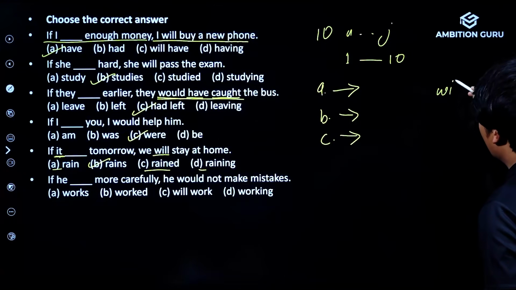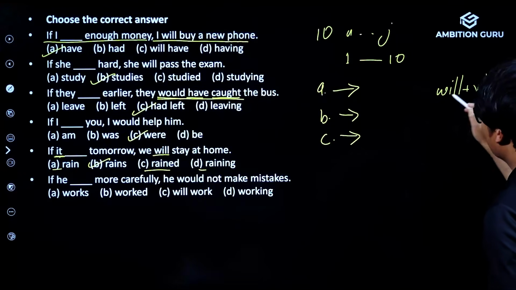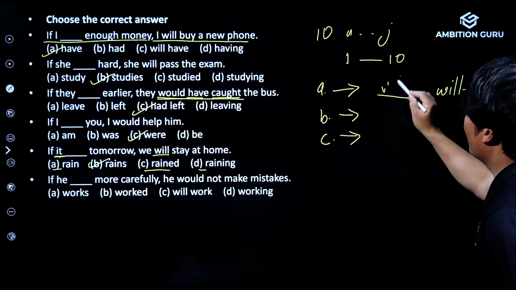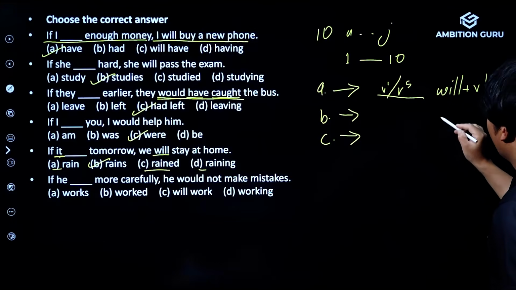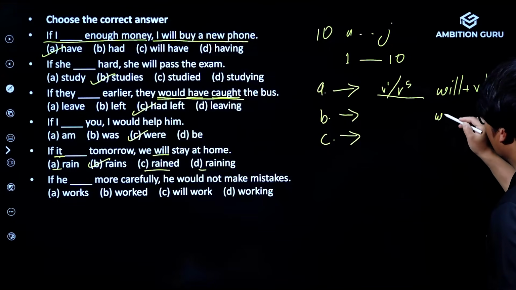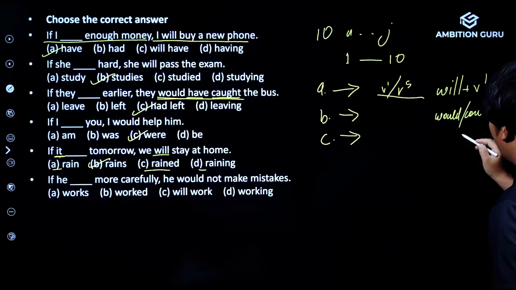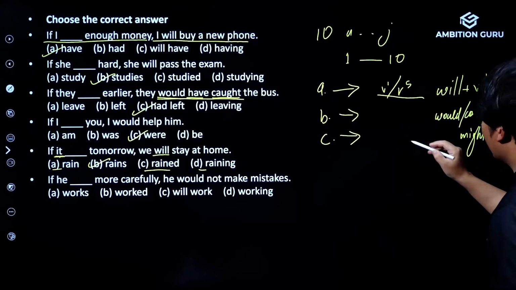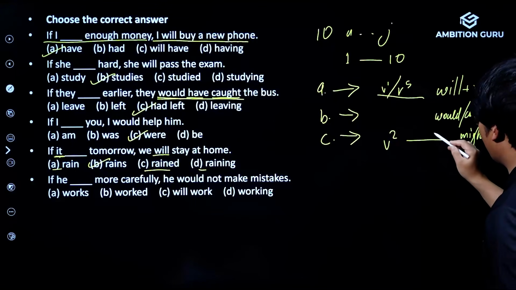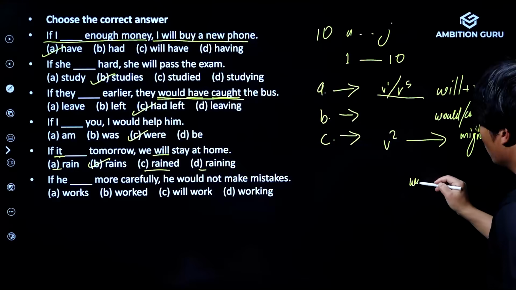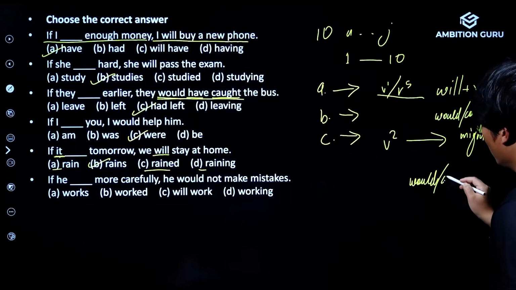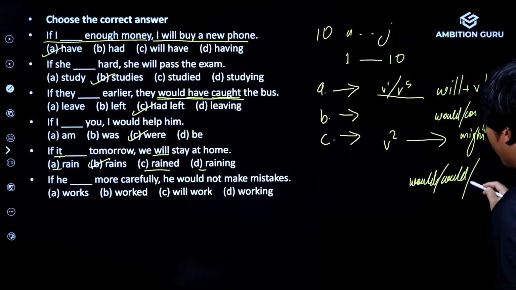If there is a will plus verb 1, then past should be here verb 1 or verb 5. Simple. If here is would or could or even might after verb 1, then here should be verb 2.